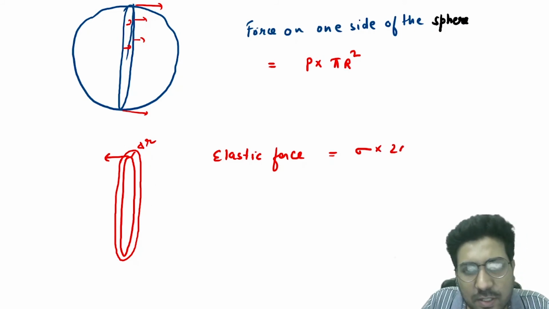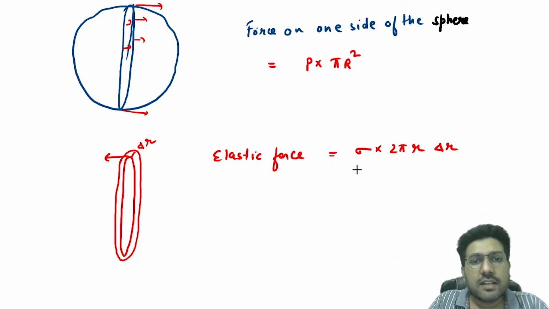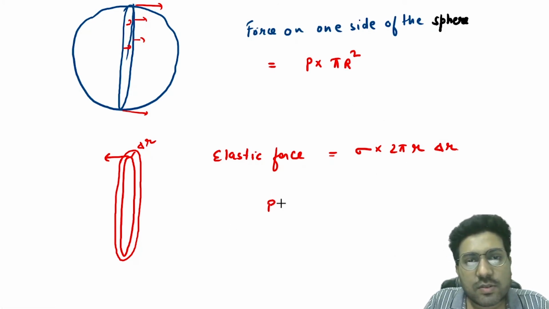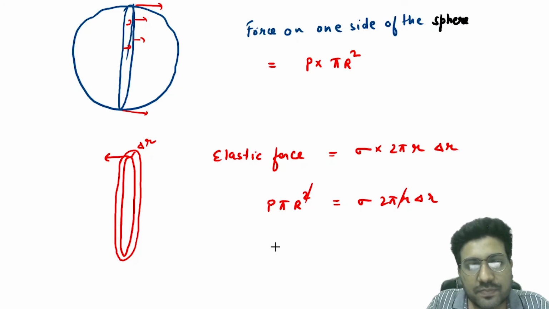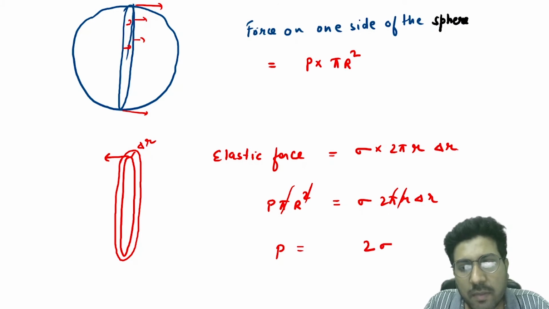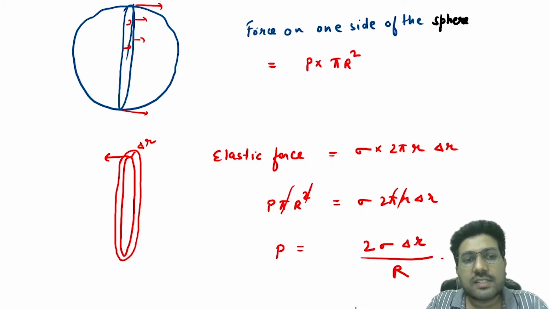This area will be 2 pi r multiplied by the thickness, that is delta r. These two forces have to balance each other. So we will say P pi r square is equal to sigma 2 pi r delta r. R getting cancelled, pi getting cancelled. So you will say P is equal to 2 sigma delta r divided by r. So this is the maximum.